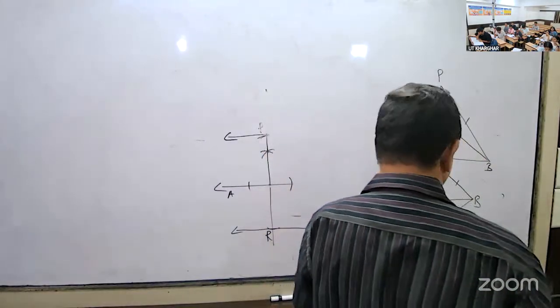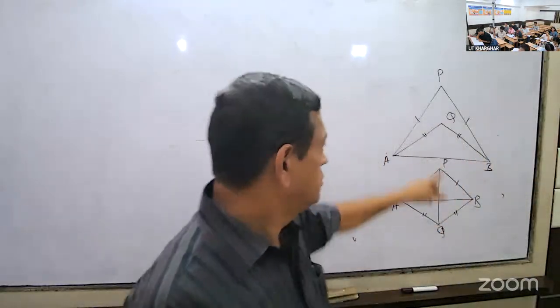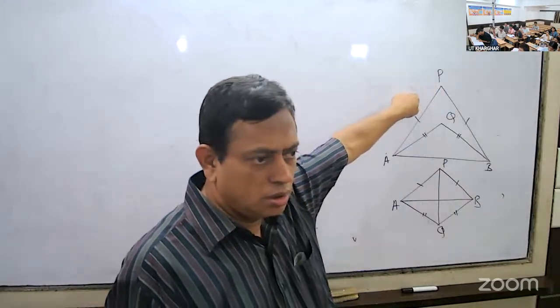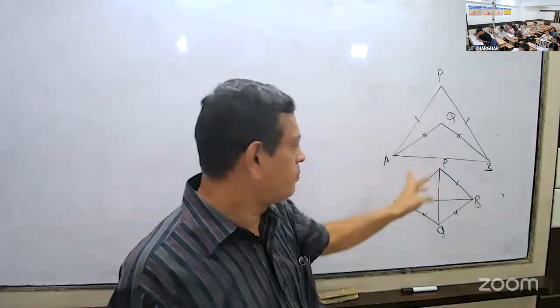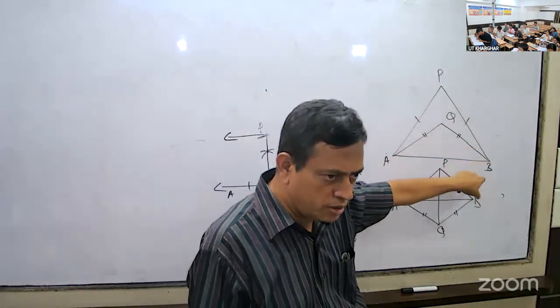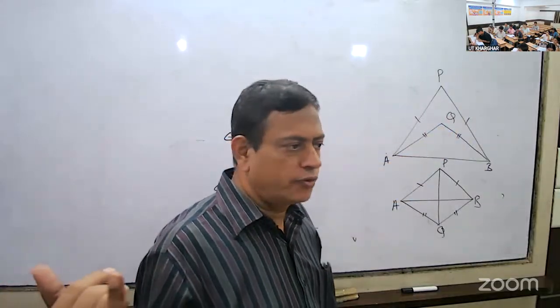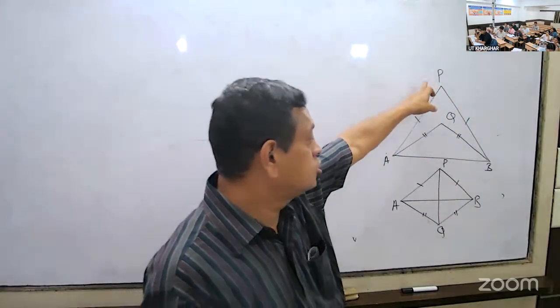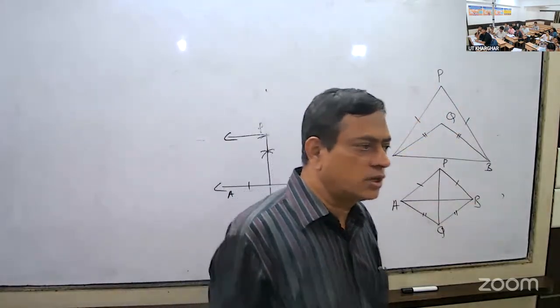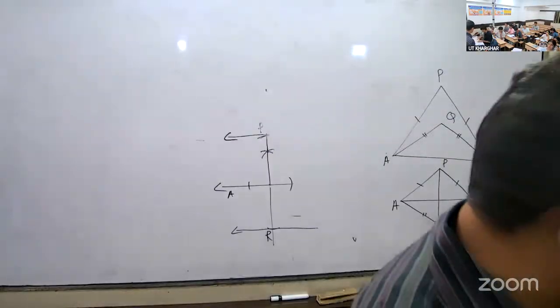First, PA and PB are equal. Therefore P will be on the perpendicular bisector of AB. Second, QA is equal to QB. Therefore Q will lie on the perpendicular bisector of AB. So both P and Q lie on the perpendicular bisector of AB. That means PQ is the perpendicular bisector of AB. That's what we have to prove.